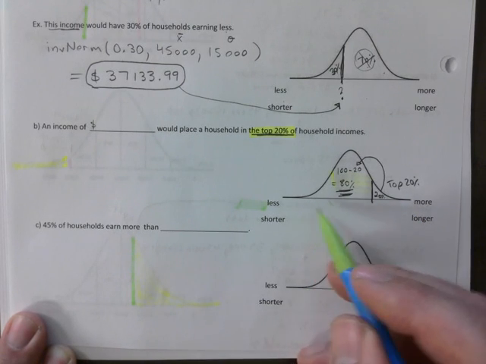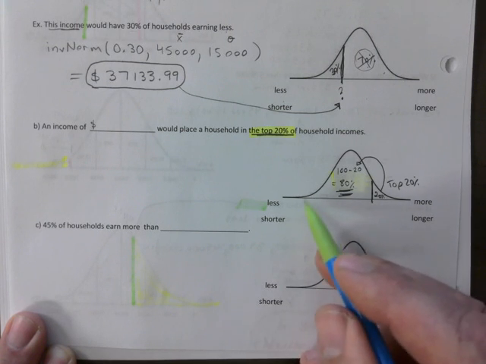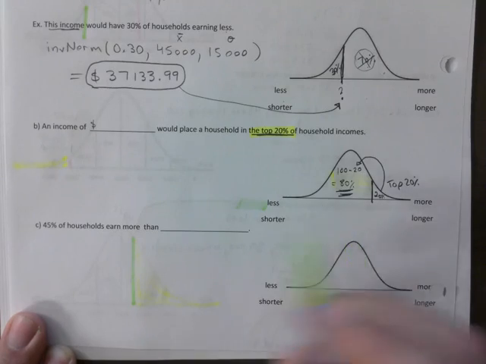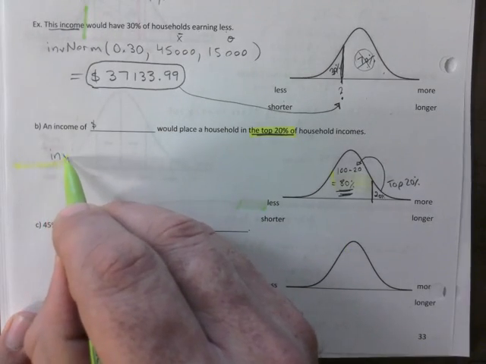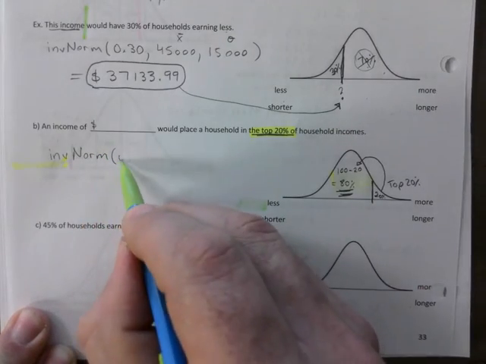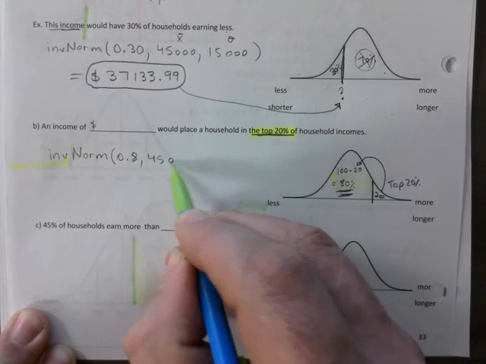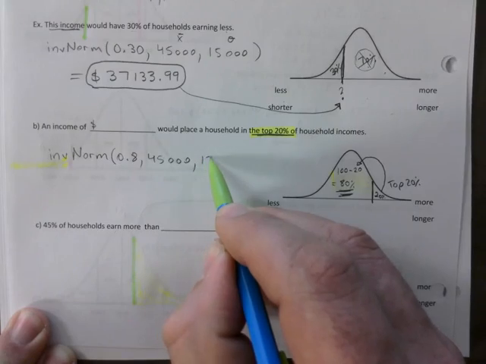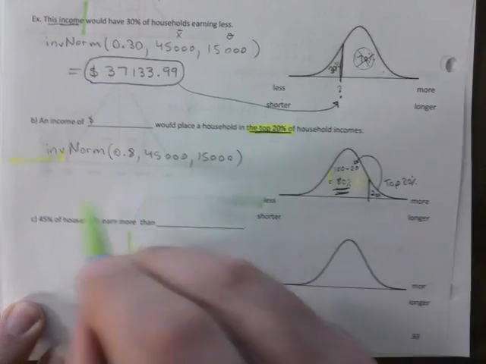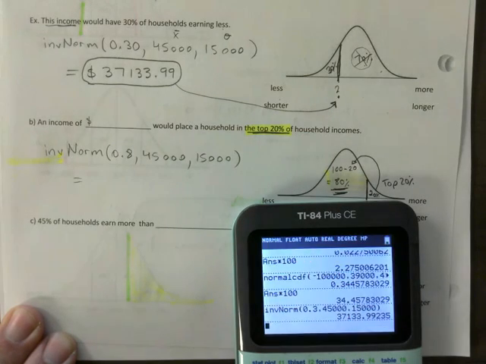So this is the top 20% of income earners would be there. This would be what? Bottom 20%, right? Bottom 20%, and you're thinking more this end of the curve. So let's use inverse norm for this. 0.8, and then we go 45,000 and 15,000. Let's figure that out. So no multiplying by 100 here, okay? That's only for normal CDF.